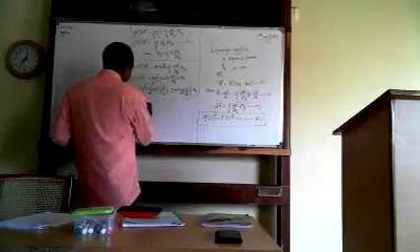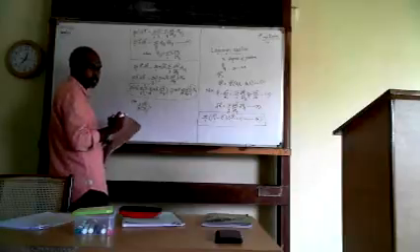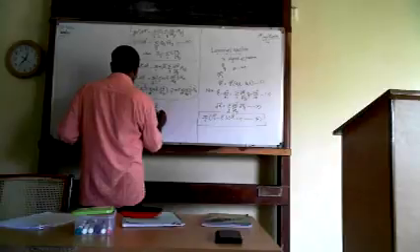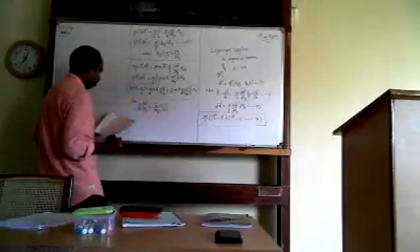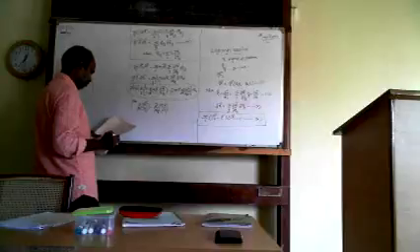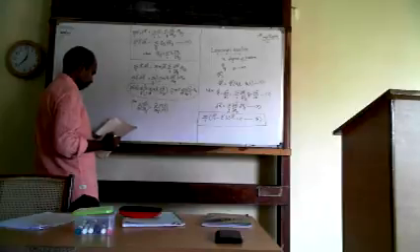We know that nothing happens if we reverse the order of differentiation. So dou by dou qj of dou Ri by dou t.